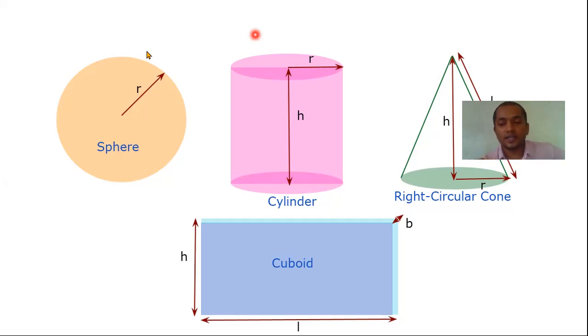Then coming to the cylinder, there are two types of cylinders. One type is a hollow cylinder, and another type is a solid cylinder. A hollow cylinder means that the material is only on the periphery, as in the example I gave of this glass or can. All of these are examples of a hollow cylinder.